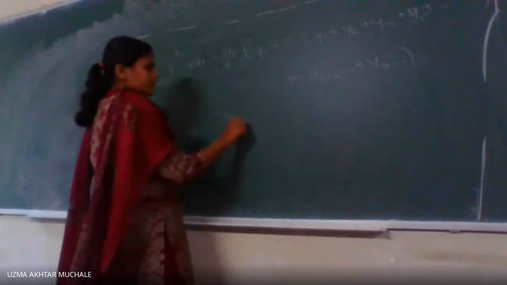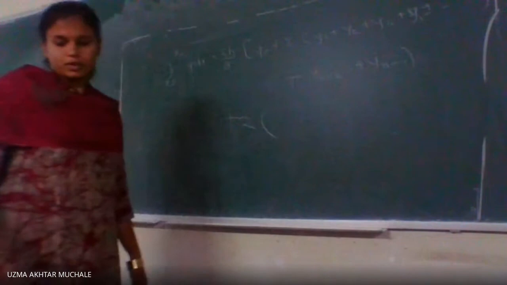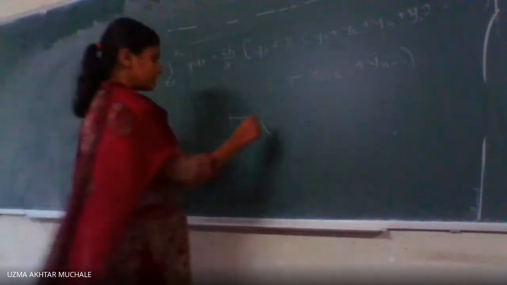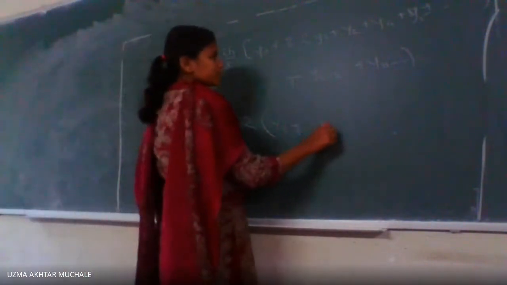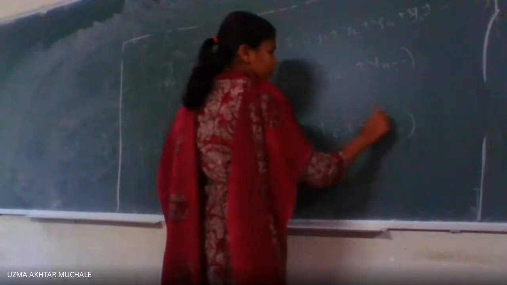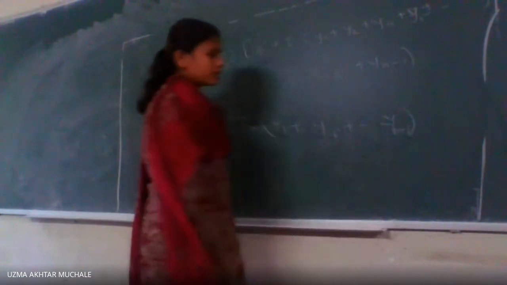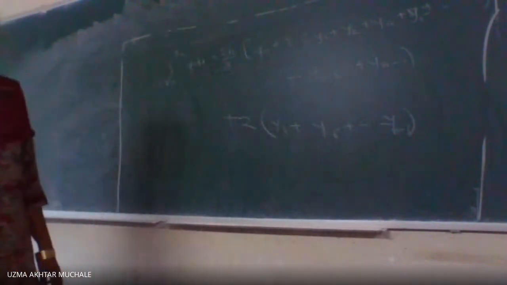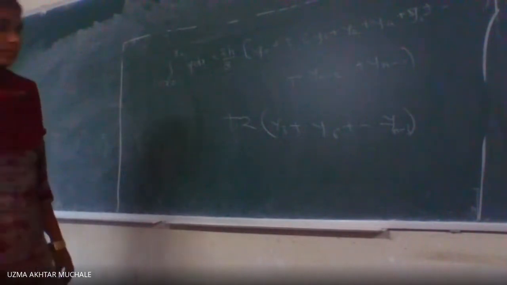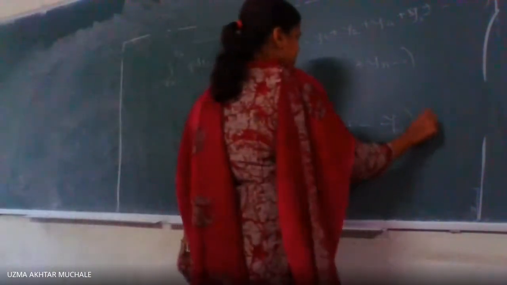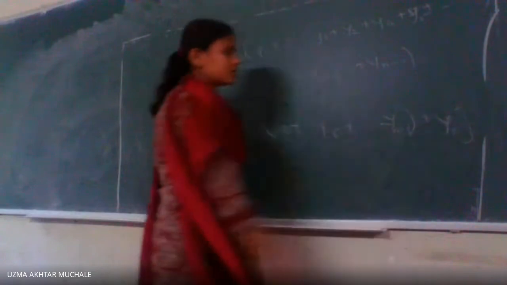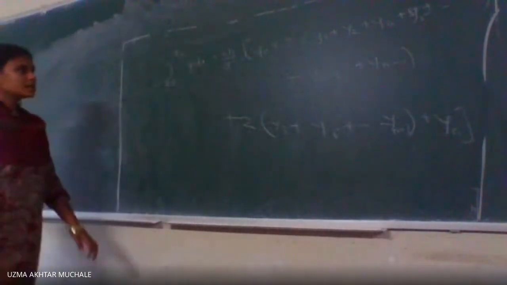Plus the terms with 2 times: what are the 2 times? y3. Okay, next is y6 and so on, y(n minus 3), plus the last term is yn. So this is the formula for Simpson's 3/8 rule.